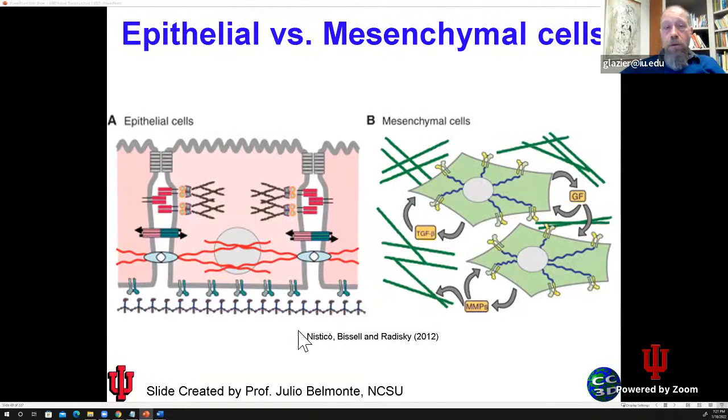So we're going to do a little simulation here that Giulio created, which is a sort of a toy representation of what he thinks of as an epithelial versus mesenchymal transition. I'm not sure I'm convinced about that, but it has some nice patterns.